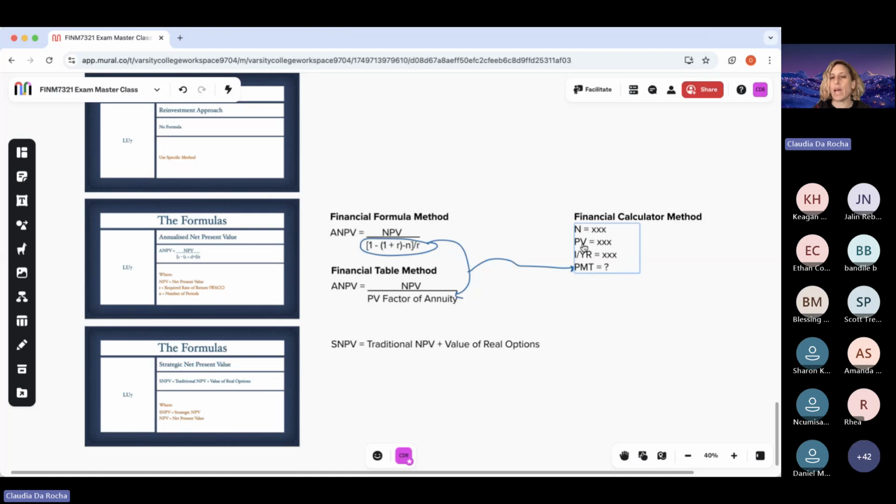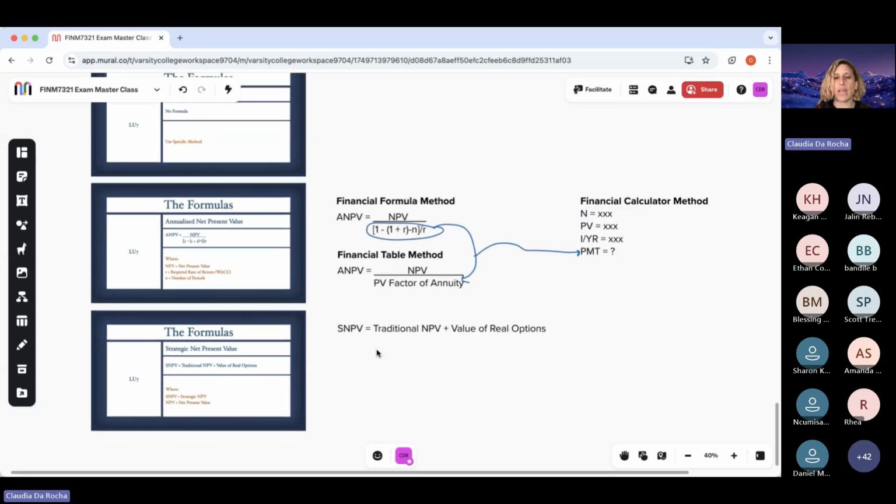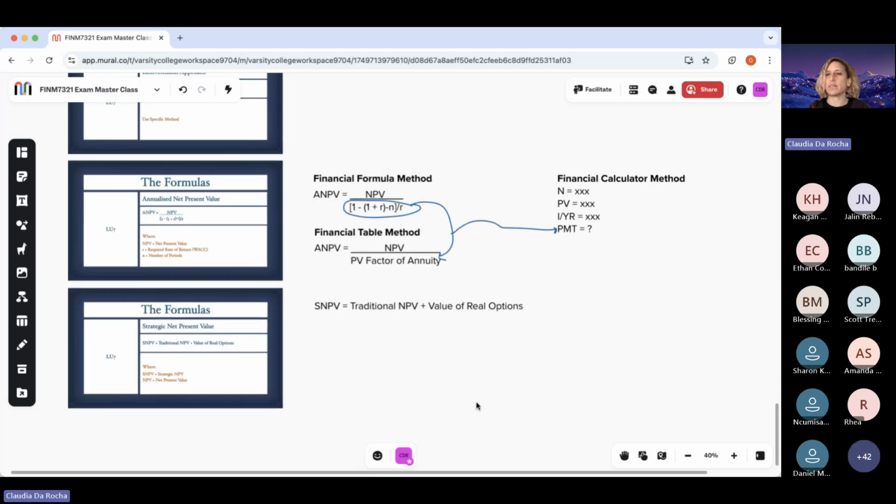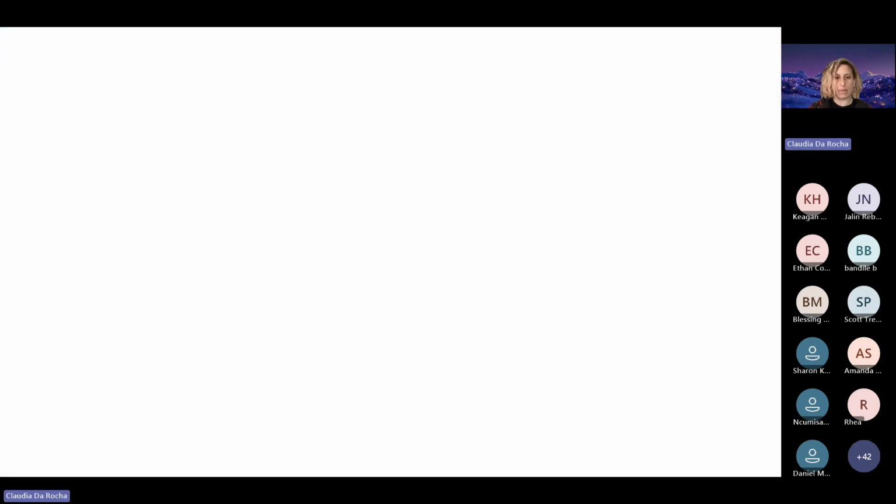We have N, we have the present value, which would be your NPV, your interest rate, and then we compute PMT. And then the SNPV, or the strategic net present value, we did unpack that already. Okay. Any questions at this point before we start tackling some questions now?